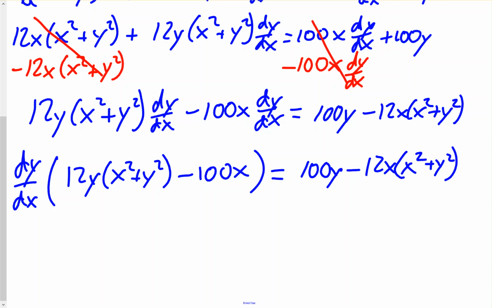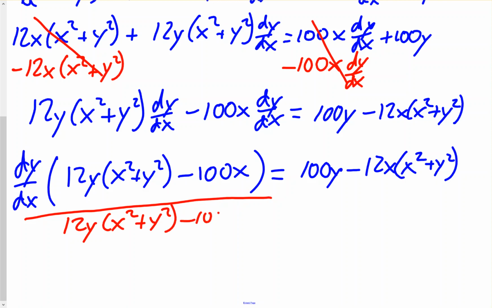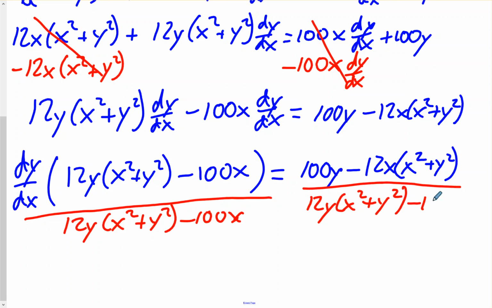Okay, and then what we'll do to both sides is we can divide by 12y times x squared plus y squared minus 100x. And then same thing here, divide by 12y times x squared plus y squared minus 100x.